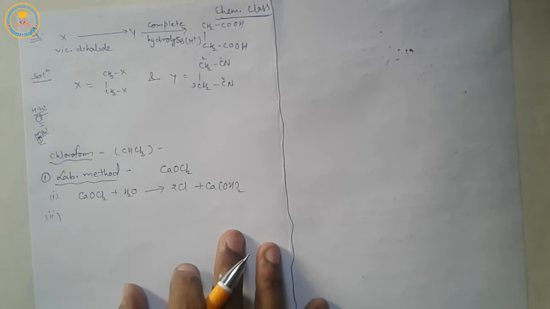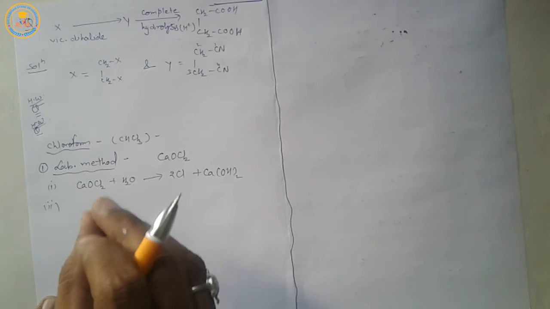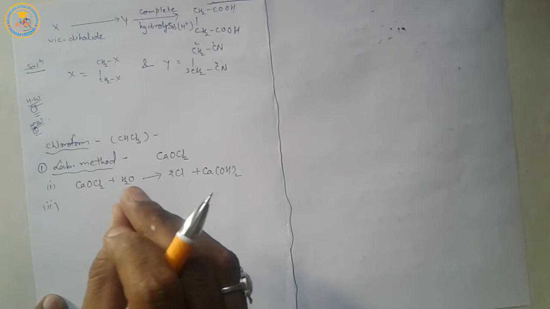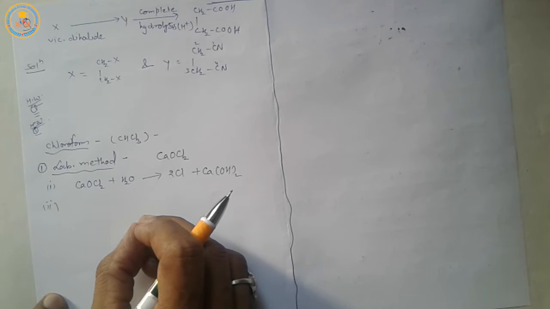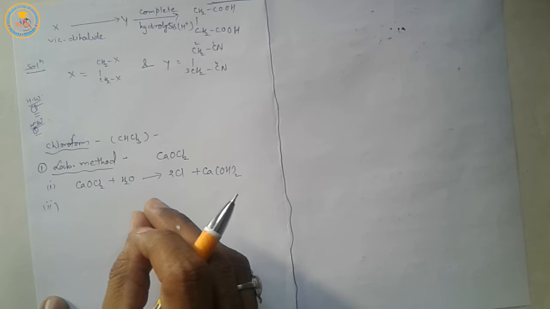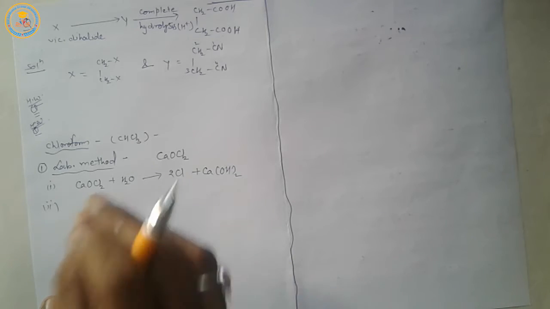Second step: nascent chlorine oxidizes ethanol, which has structure A, to acetaldehyde, which is a structure B type compound.